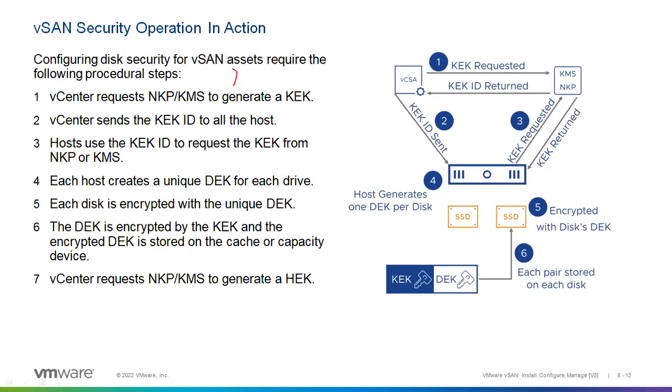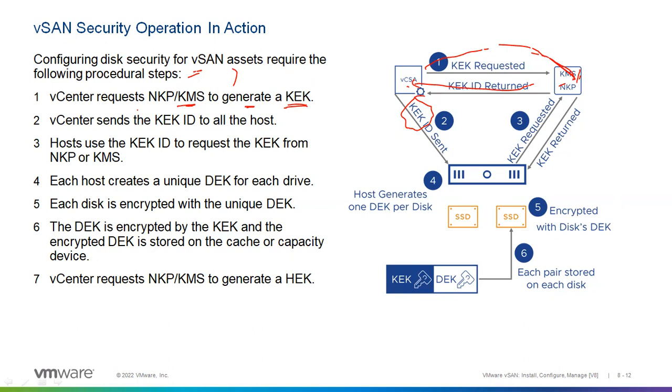Okay, so this is a bit more detailed mechanism of how it works. To configure these security assets, the following procedure is required. We send a request to the KMS server to generate the key encryption key. That is the first step. Then this key is generated and given back to my vCenter server. Then vCenter server sends this KEK ID, meaning who the KEK provider is.